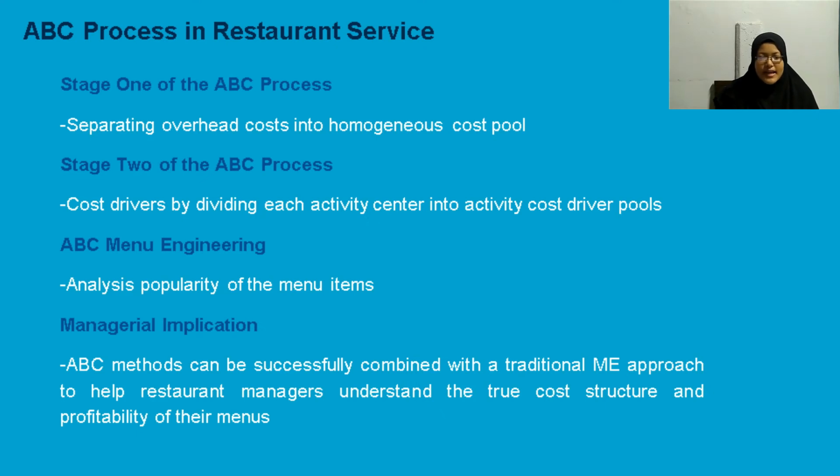For the ABC process, the first stage involves splitting costs into homogeneous cost pools. Homogeneous cost pools are collections of overhead costs for which cost variations can be explained by one cost driver, and they estimate the effort expended on each activity that shares a common purpose.